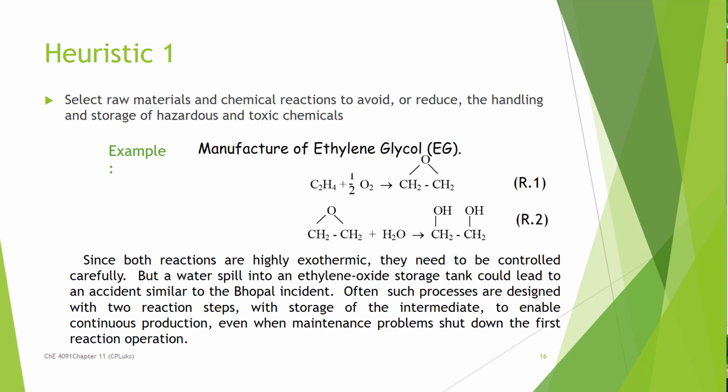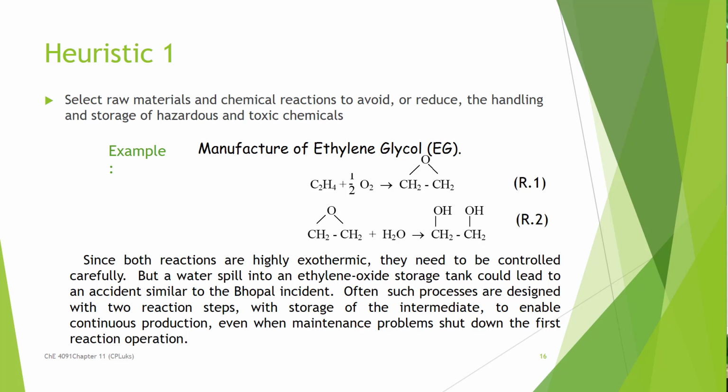These are highly exothermic reactions, so you want to cool them. You think, well, then I'll put a water jacket on them. But if water accidentally gets into the ethylene oxide, then you end up with a seriously dangerous safety incident on the scale of Bhopal.